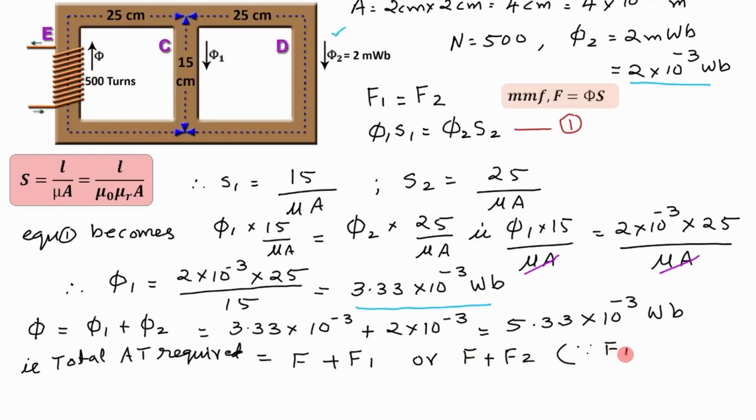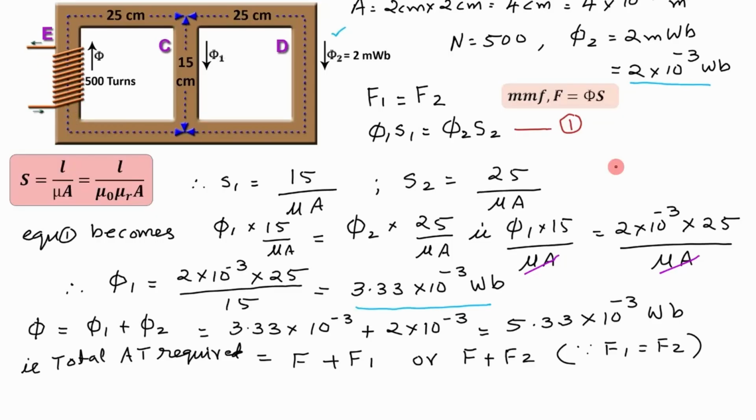Since F1 is equal to F2, as both are parallel circuits. Here the total flux is 5.33 into 10 raised to minus 3, and the area of cross section is 4 into 10 raised to minus 4 meter square.